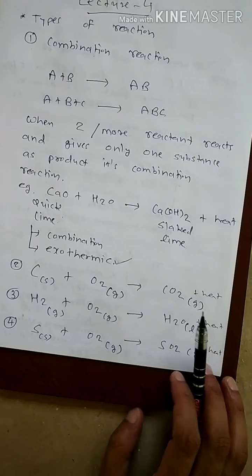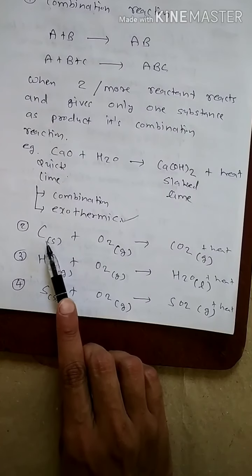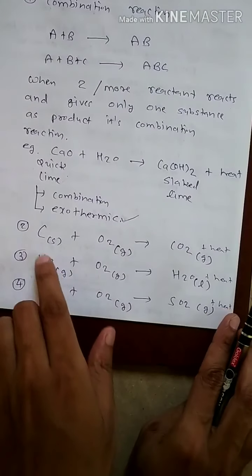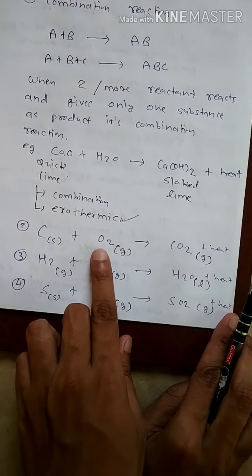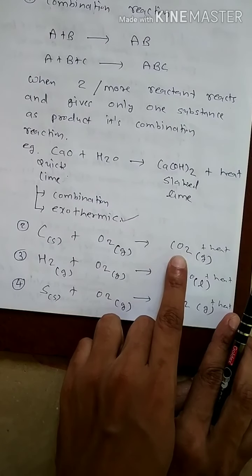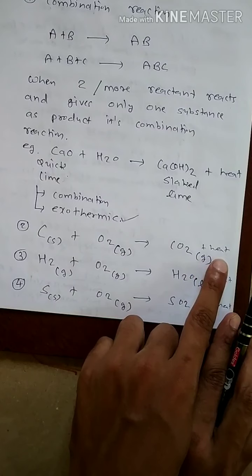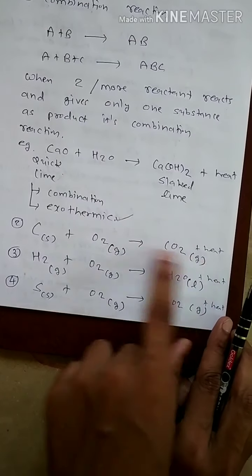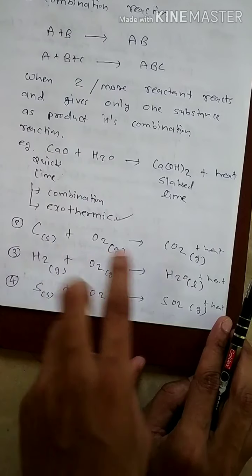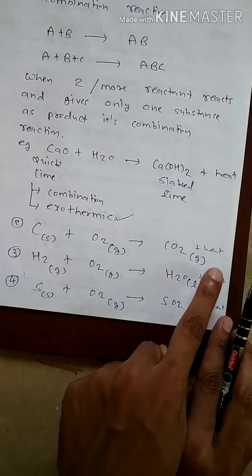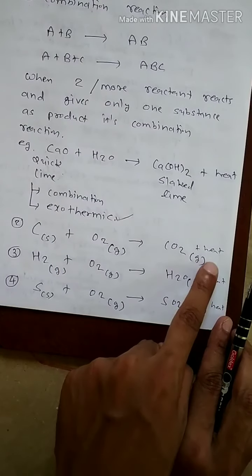Now another example is when carbon is burned in presence of oxygen, it will give you carbon dioxide and heat. This is also a combination reaction. You can see 2 reactants are there and one product is there. And it is also an exothermic reaction because it is producing heat.